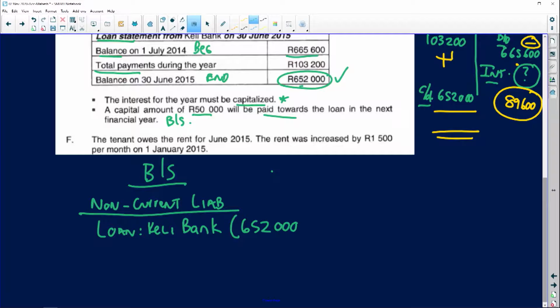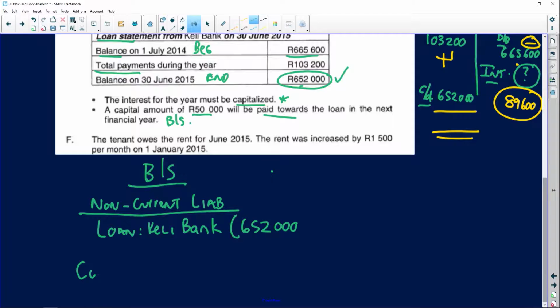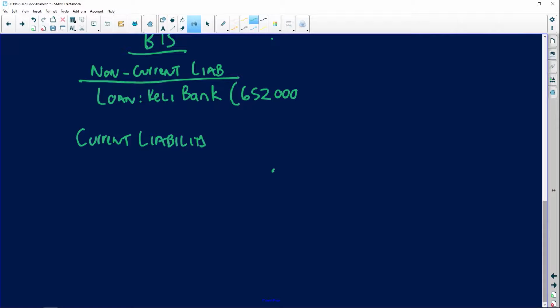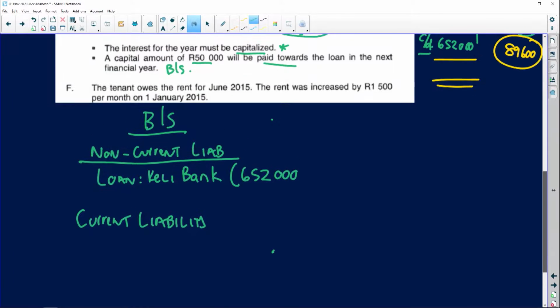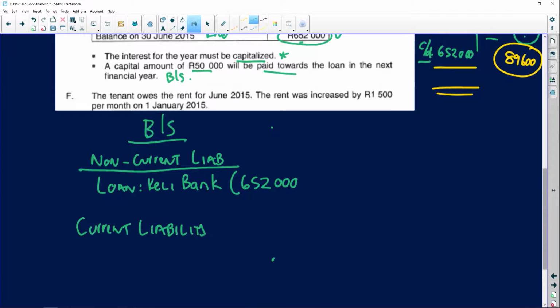Now remember guys, non-current liability, an amount owing for more than a year, for more than 12 months. Current liability, on the other hand, is a liability that is owed or will be paid off in less than 12 months. Current liability, less than 12 months. Non-current liability, more than 12 months.